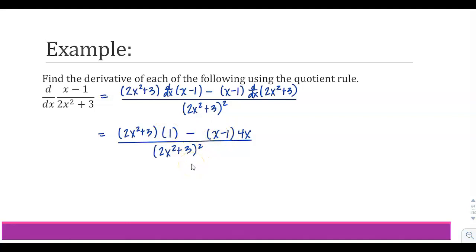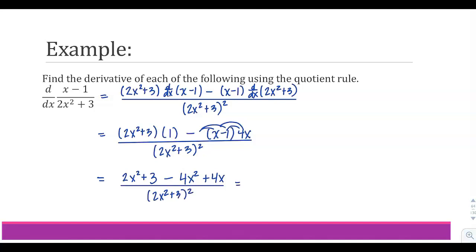So I'm just going to go ahead and multiply out 2x squared plus 3 on the left, minus the 4x would distribute and the minus would distribute. So I'm going to do both at one time. It's going to be minus 4x squared and then plus 4x all over 2x squared plus 3 squared.